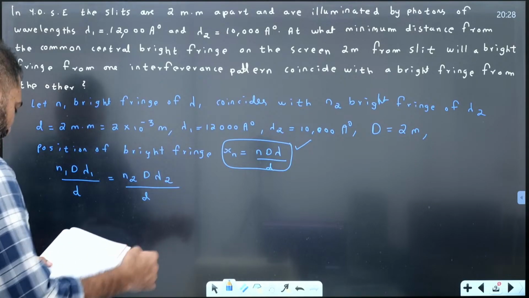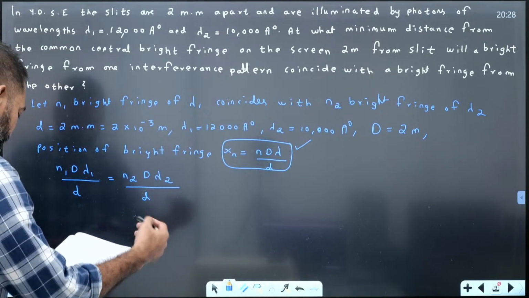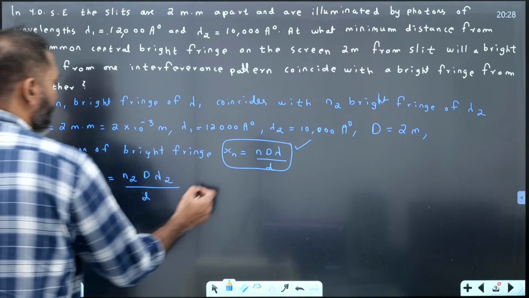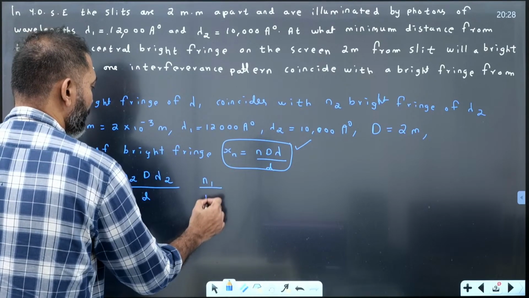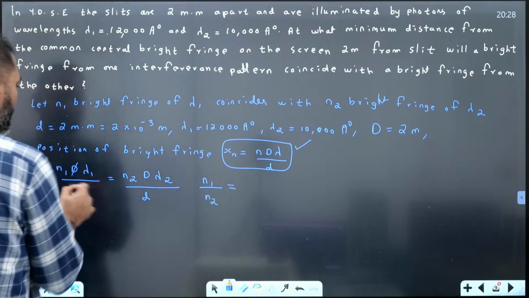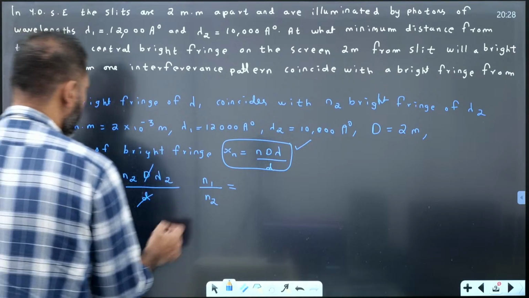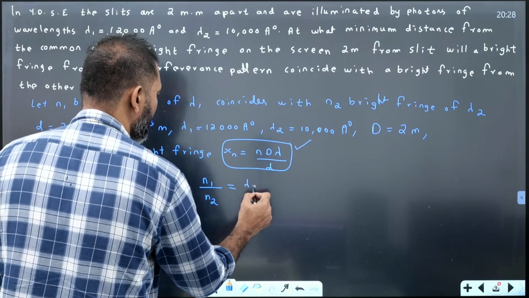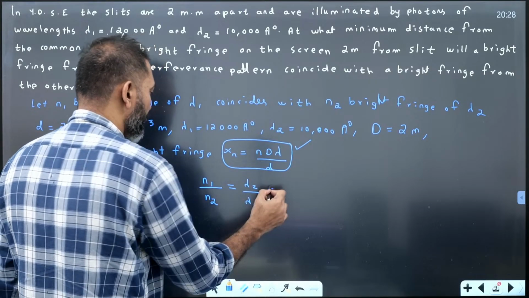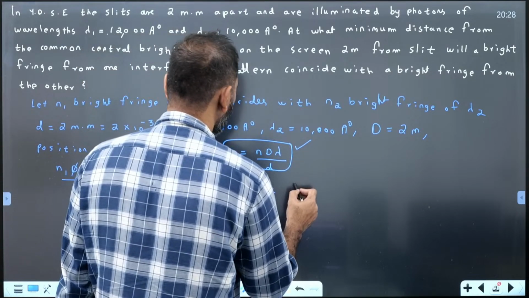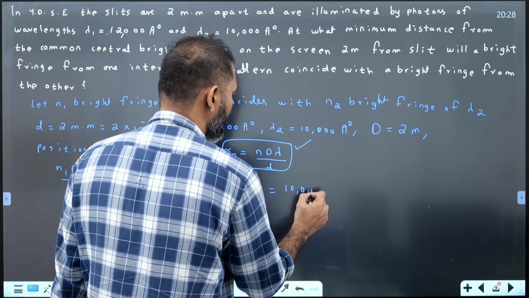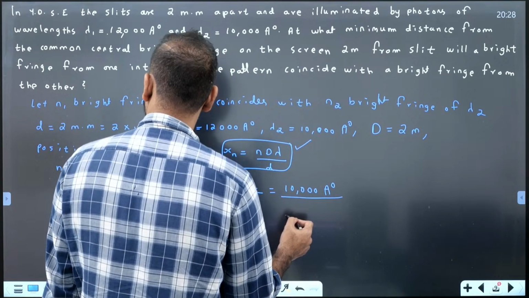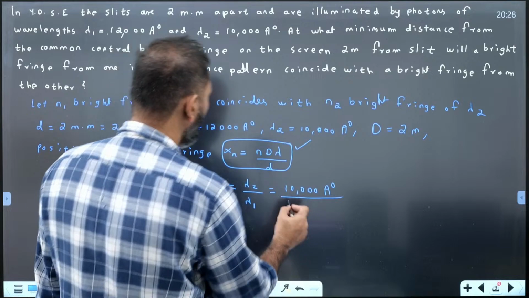So we can simply find the ratio of n1 by n2. Capital D gets cancelled, small d gets cancelled. So n1 by n2 is equal to lambda 2 by lambda 1. Lambda 2 is 10,000 angstrom divided by lambda 1, which is 12,000 angstrom.